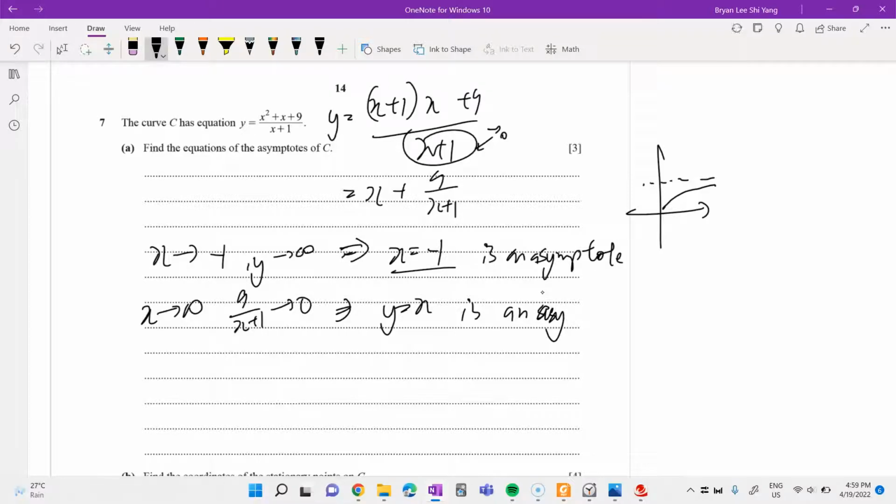Because you can't really touch the line y equals x, the 9 over x plus 1 must always hold some value. It cannot be 0. So the equations of asymptotes of C would be x equals -1, and then we also have y equals x. So these are the two.